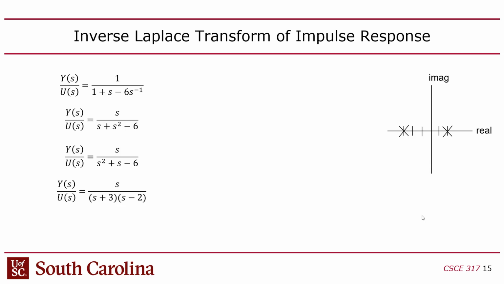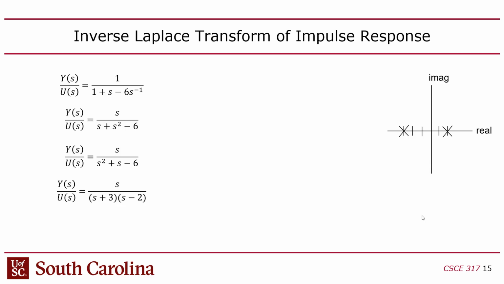I just use algebra and I've got s over (s plus 3) times (s minus 2). Now, once you have it in this form, it's very easy to figure out what values of s will make the denominator 0. You just find the roots here. So obviously, if s is negative 3 or s is positive 2, you'll have a divide by 0. So those are going to be your poles.